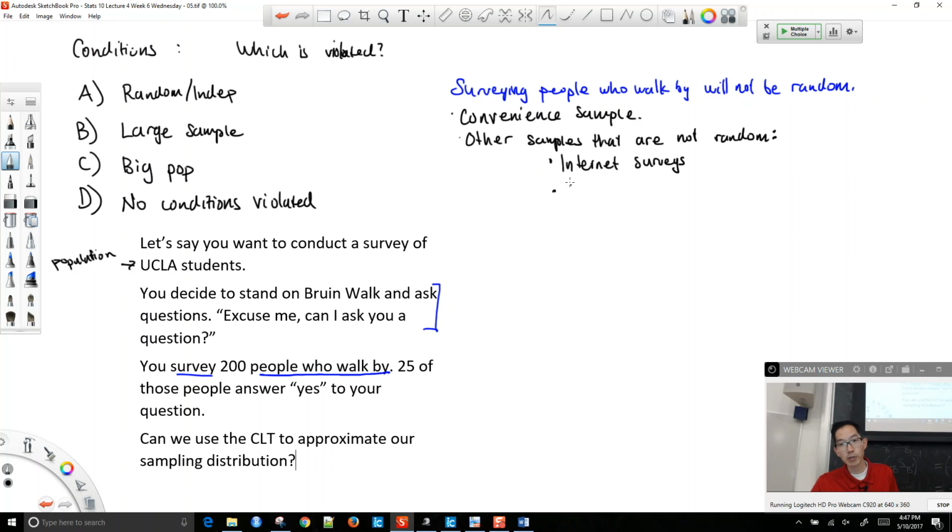Even if you get a random sample, if you don't get a 100% response rate, it will not be random. This is what we call non-response bias.